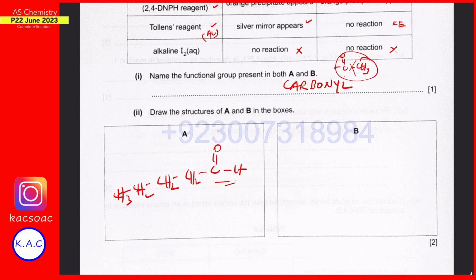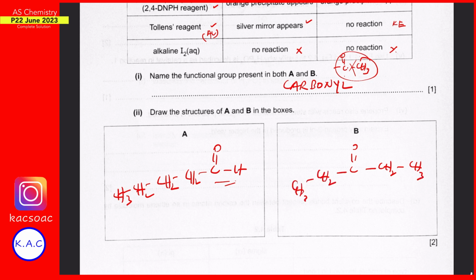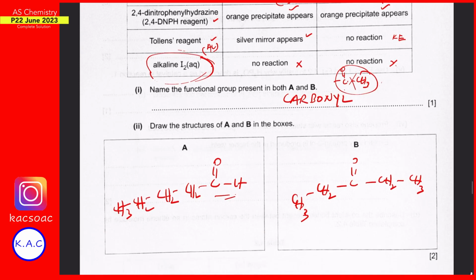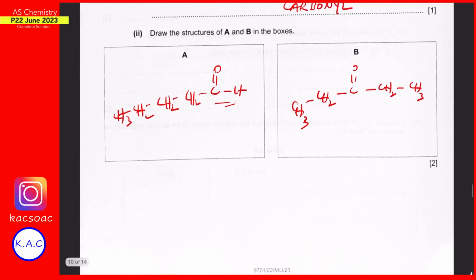The possible ketone may be this one, C double bond O, CH2. At least more than one carbon should be present on either side, because, as we have seen, it is not going to give a positive iodoform test, so it cannot be this ketone.